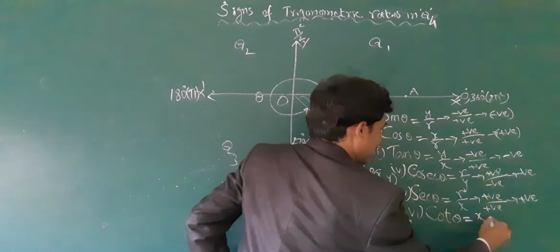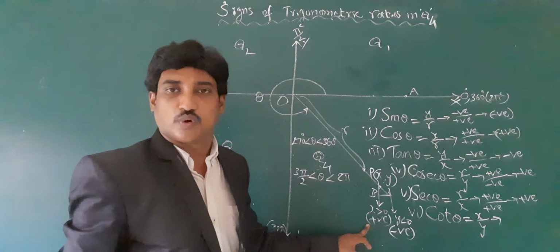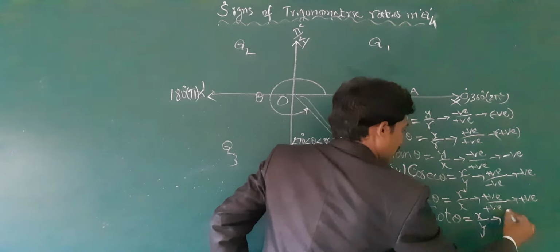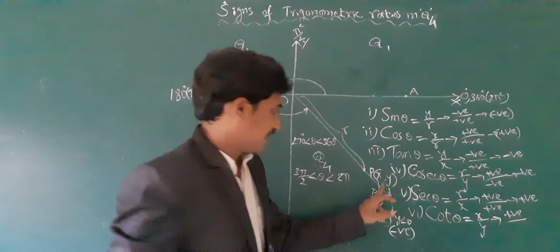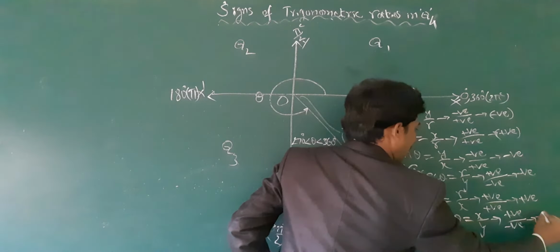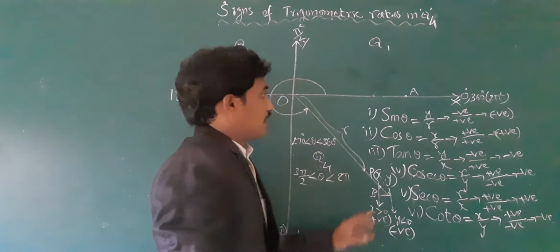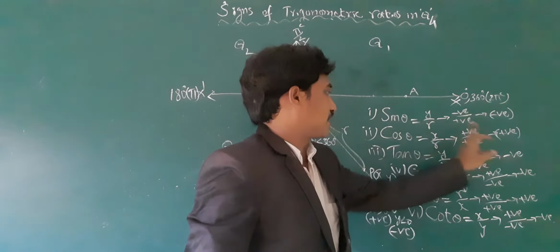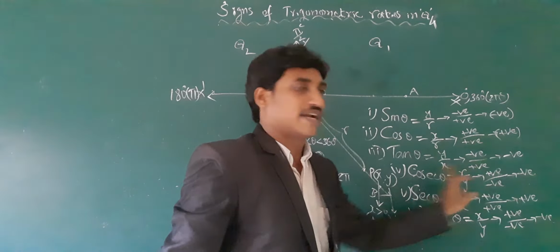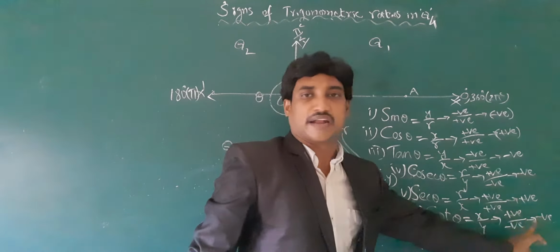That is x is a positive quantity and y is a negative quantity. So positive by negative, we have a negative quantity. So here sin theta negative, cos theta positive, tan theta negative, cosecant theta negative, secant theta positive, cot theta negative.